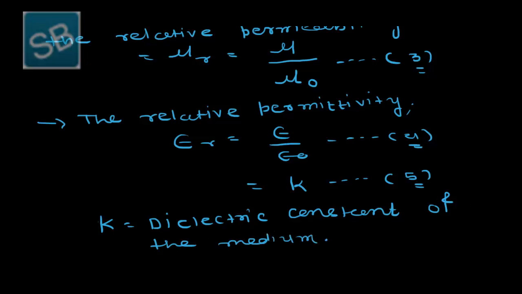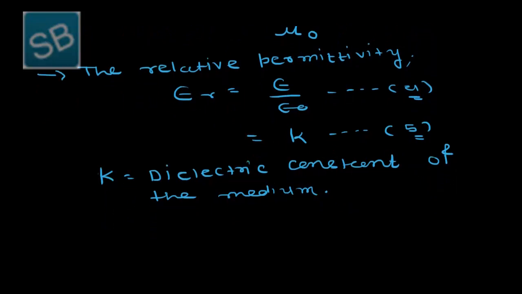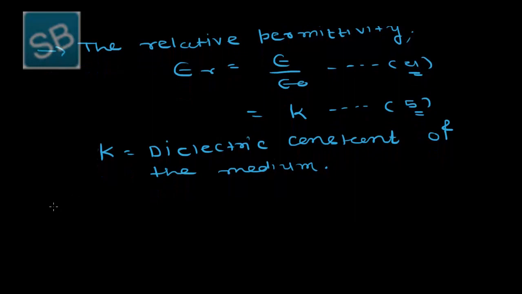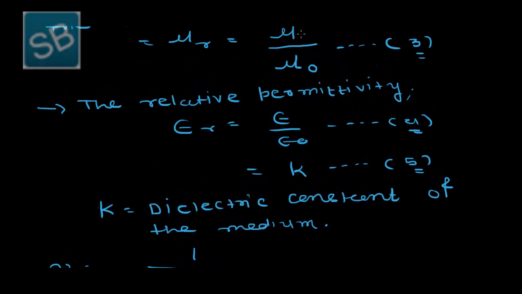And hence from the equation number 2, we have V is equal to 1 over under root mu epsilon. Now from the equation number 3, you can see that the value of mu is mu r into mu 0, and the value of epsilon is epsilon r into epsilon 0.